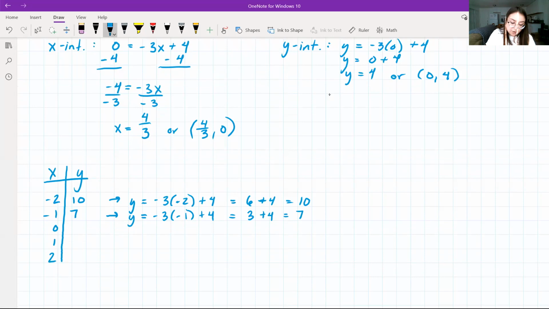Then we have 0, which is coincidentally going to be our y-intercept, which we already solved for earlier. So if we set x equal to 0, we know our answer will be 4. And this is our y-intercept.